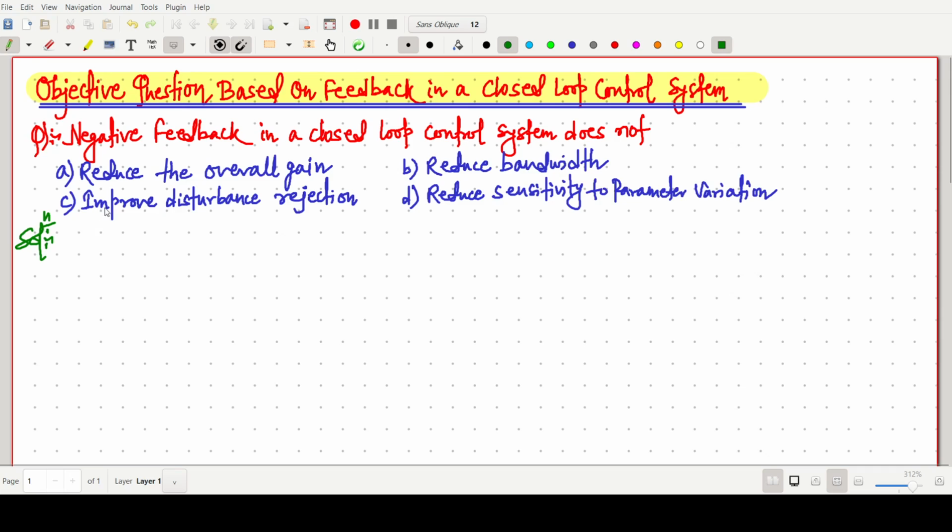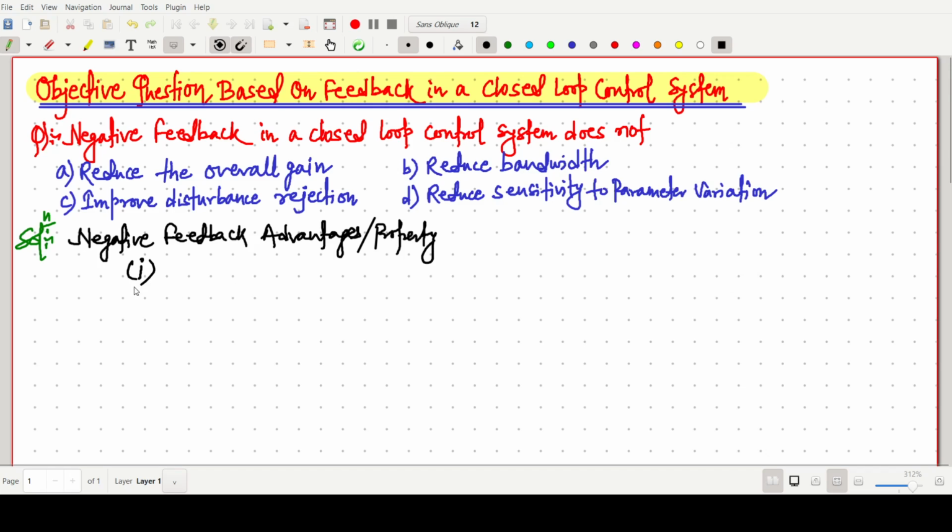Before we solve this question, I want to say about the negative feedback advantages, or we can say properties. If you know the basic advantages or properties, we can easily answer.